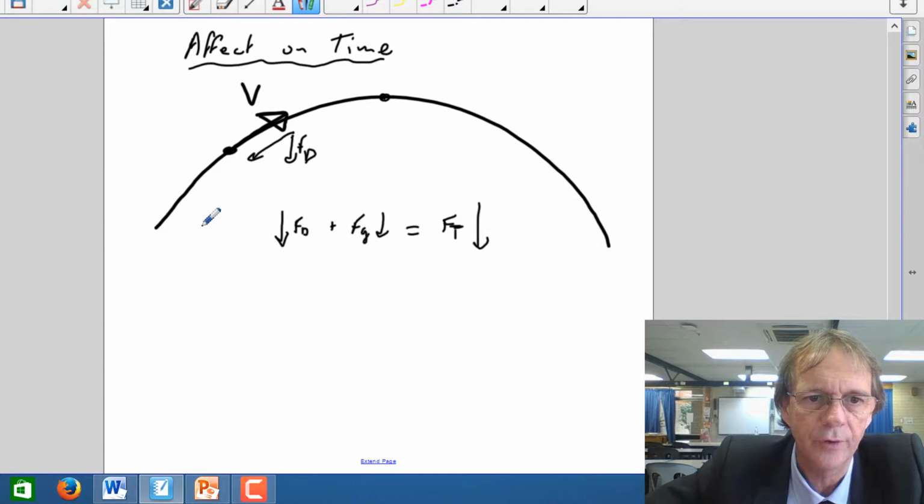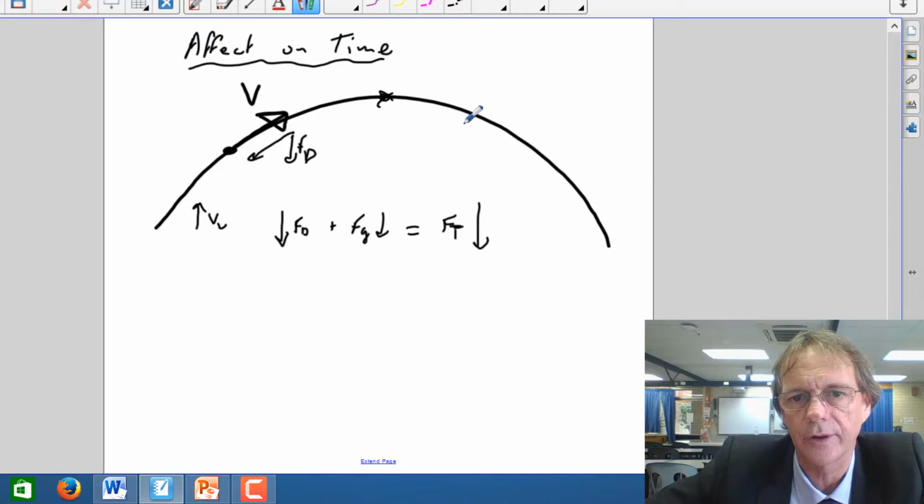And that's going to cause the vertical velocity component to reduce to zero much faster than normal. Because it reduces to zero much faster than normal, it takes less time to get to the top. And naturally, if it doesn't go as high, it's not going to take as long overall to travel along the journey. So that's the first one.